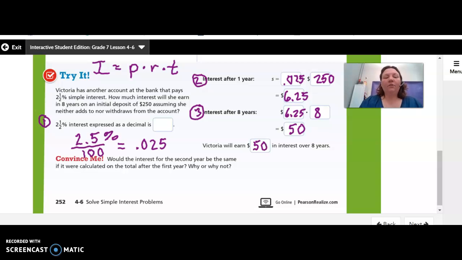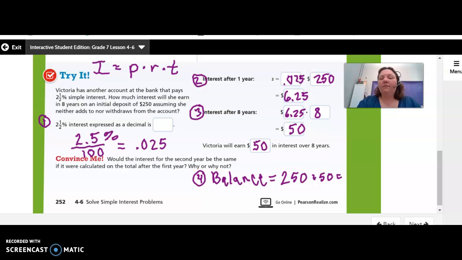So there is actually one extra step that we need to look at and solve, and that would be to find her ending balance, right? Because at the end of the 8 years, when she goes back, sorry, my handwriting got a little sloppy there. At the end of the 8 years, when she goes back to pull her money out of the bank, she's going to get her $250 that she started with, plus $50.